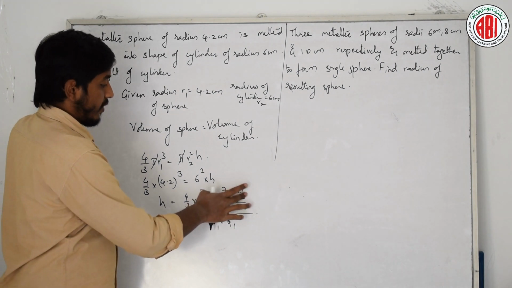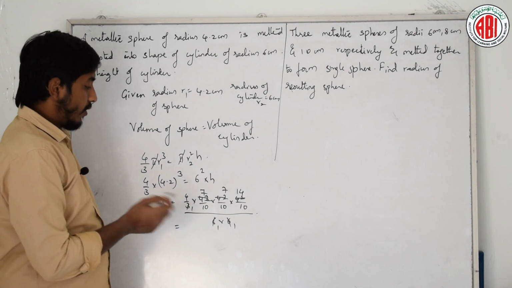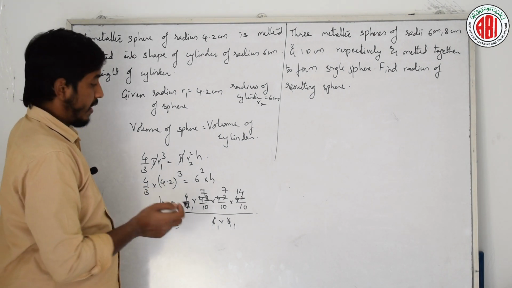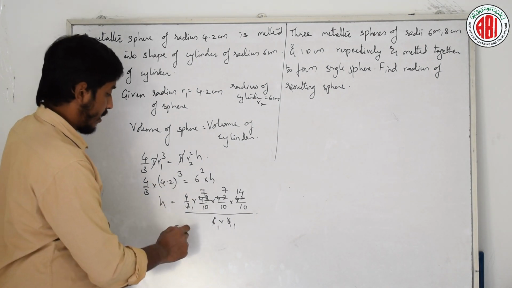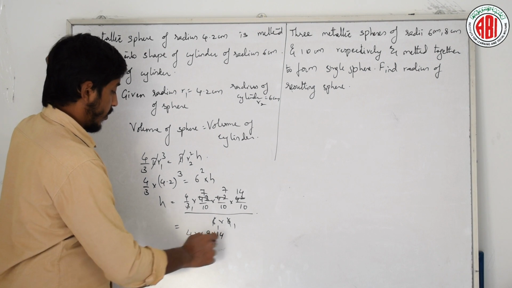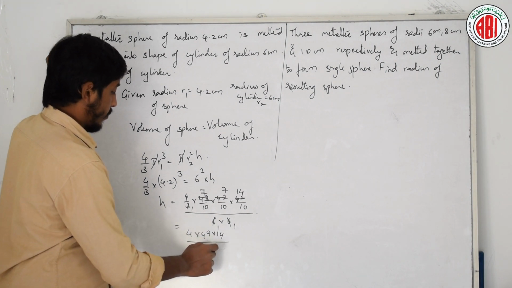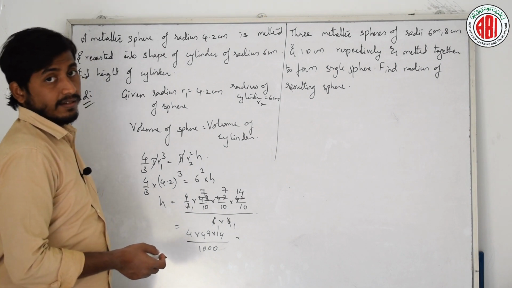Isn't it 3 into 21 or 14 threes, right? If you want to cancel more, we can, by taking 2, 2, 2, 2, 2, 2. Or else better let us put 4 into 49 into 14 divided by 1000. Just multiply and divide it by 1000, that will be your answer.